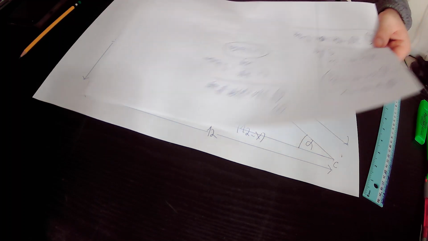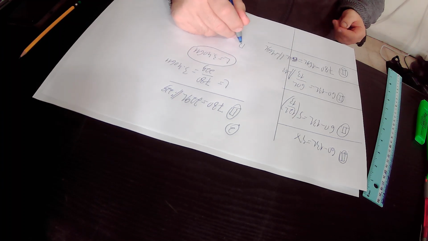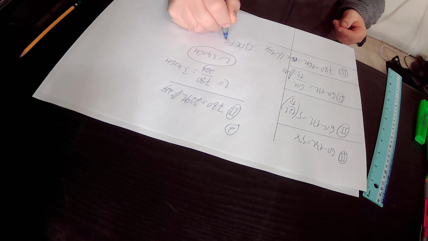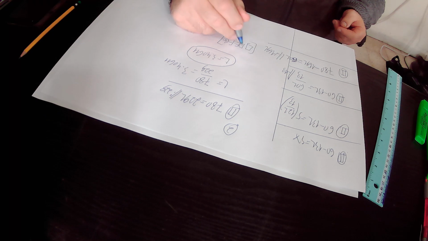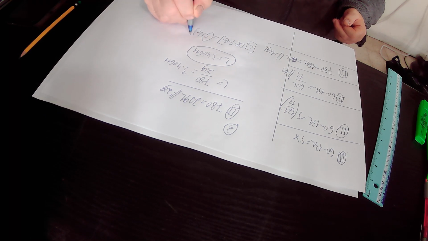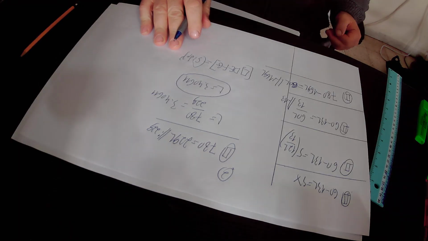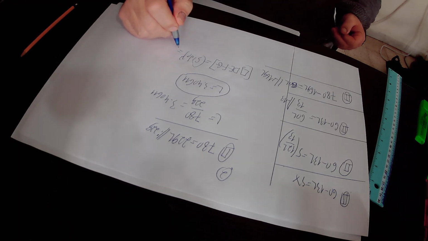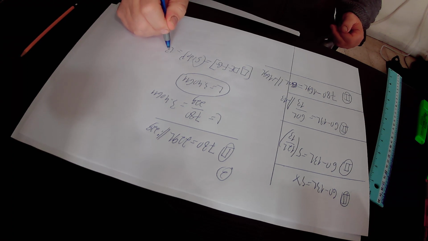So the area of square DEFG will be equal to the length of one side squared. The length of one side is L, therefore the area of the square is L squared.